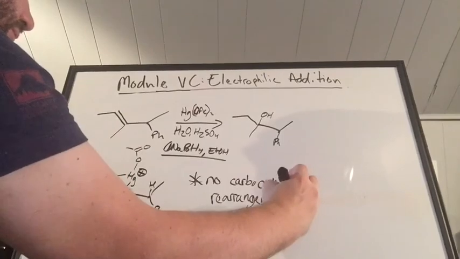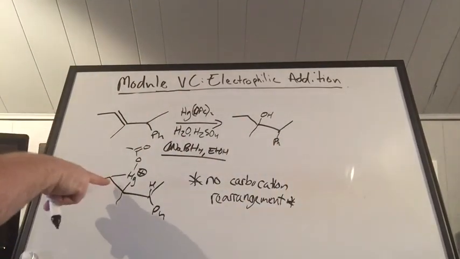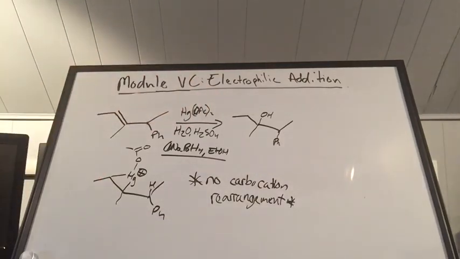Okay. All right, so again, this is just the intermediate. The final product is what you're going to see up there on the right-hand side. So that's the difference between all the different hydration reactions that you're going to see.